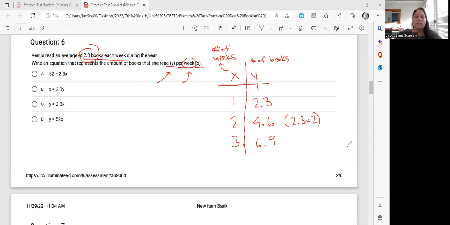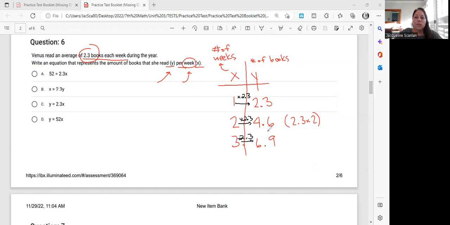So this table should make sense because all I did was a tiny little bit of math. I did some multiplying. And what you should notice right here, at least should start to look kind of familiar, is that to get from 1 to 2.3, I multiplied by 2.3. To get from 2 to 4.6, I multiplied by 2.3. And to get from 3 to 6.9, I multiplied by 2.3.